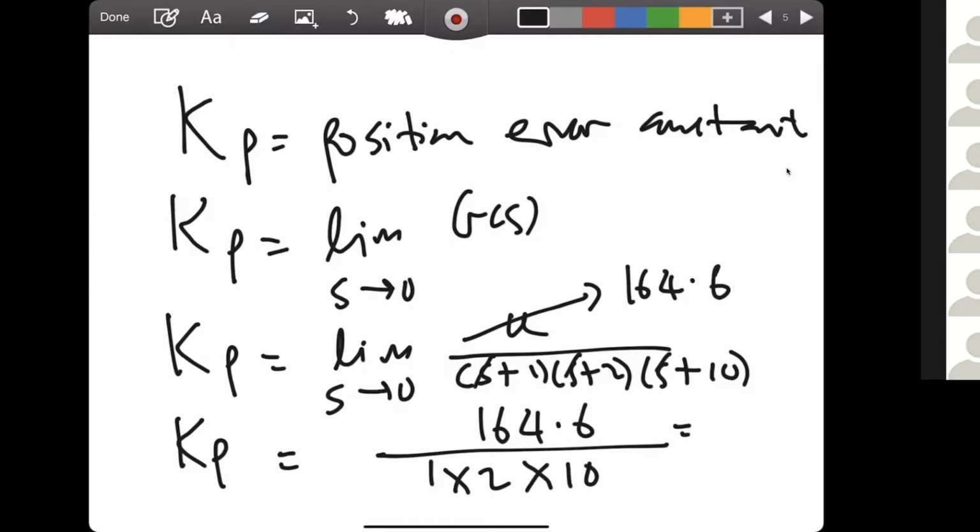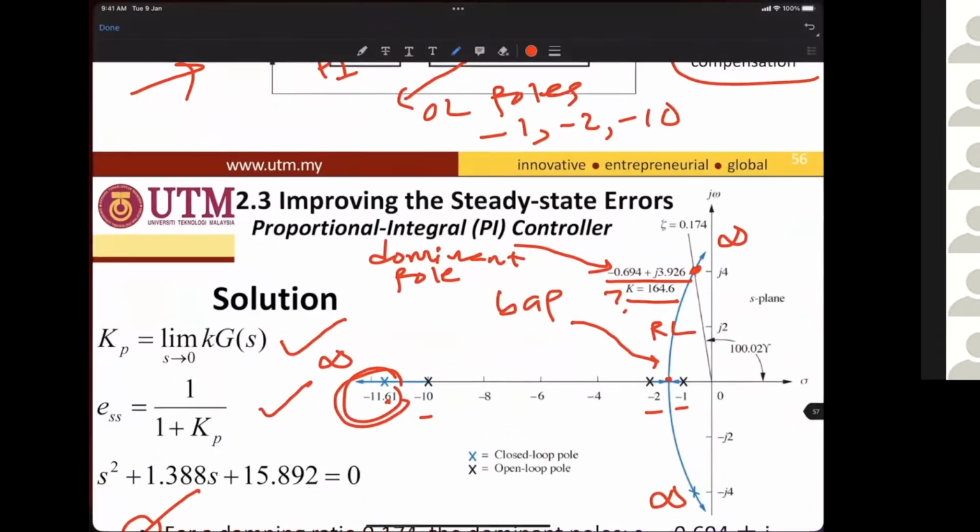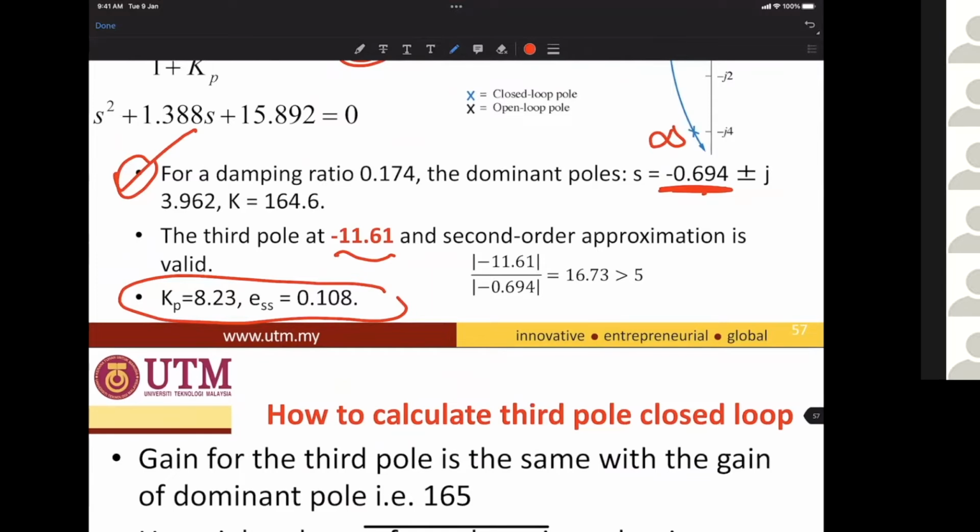Benny, tolong. Benny Gumang. Tak datang. Cepol, tolong. 164.6. 8.23. Tak dengar. Kuat sikit. 8.23. 8.23 KP ya. Tu. 8.23.